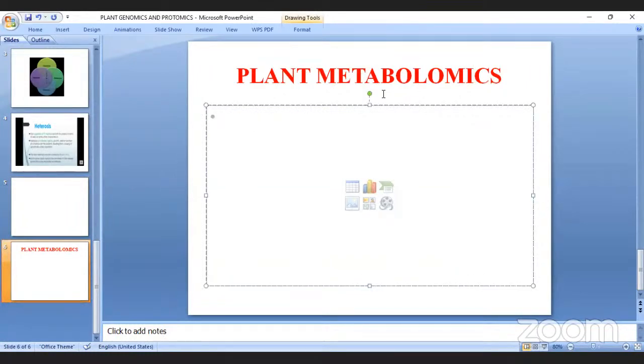Plant metabolomics means: from the gene, RNA; from RNA, protein. This protein, enzymes are involved in biochemical reactions.